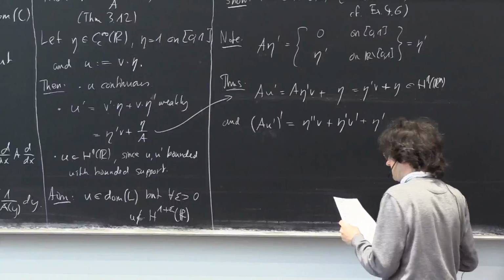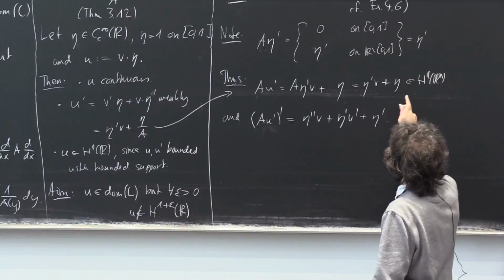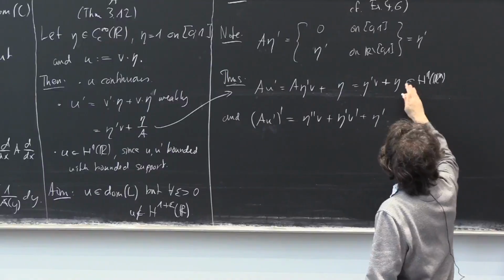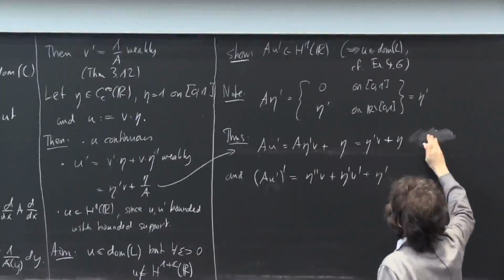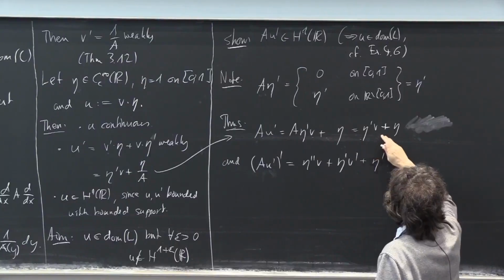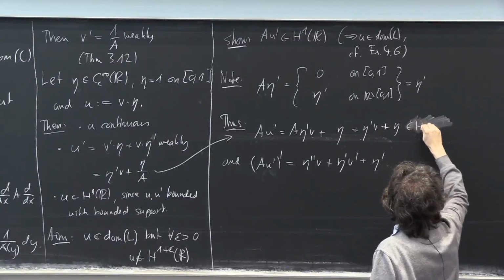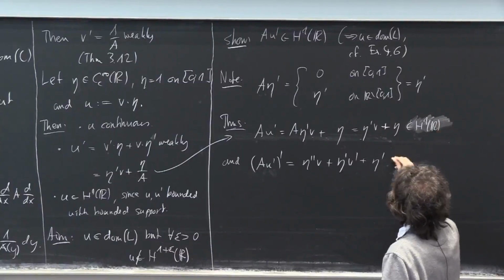Okay. So why do we have to calculate this? Because this was a bit premature. This has a weak derivative. No, it's H1. It's H1, because this is L2.